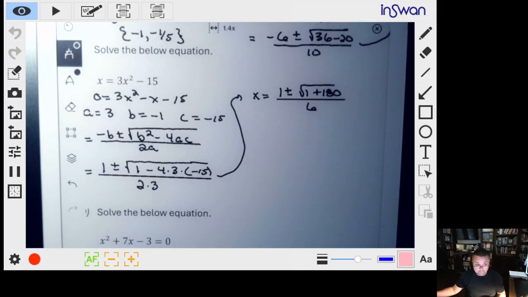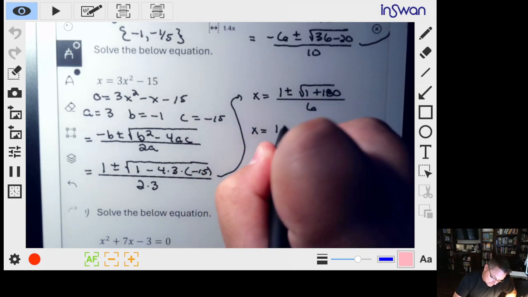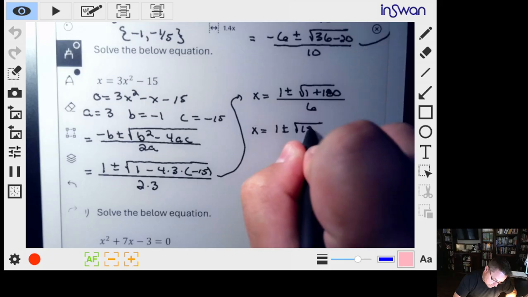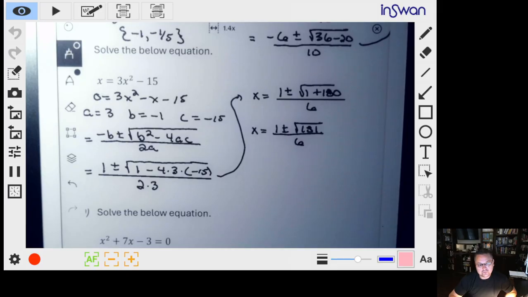My morning coffee is not close to being done yet, so I don't trust myself, even with simple things like this. So 4 times 3 times 15. Yeah, it is 180. Okay, good. So there is enough coffee in the tank here. We're good to go. 1 plus or minus the square root of 181 over 6.